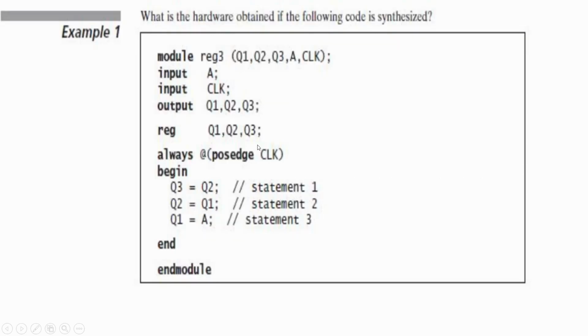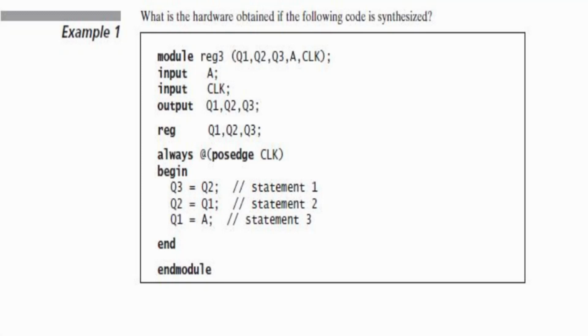Similarly in this program, instead of D we are declaring A as input, the clock is another input, and the outputs are Q1, Q2, Q3. We are also declaring them as registers because they need to store only 1 bit, either 0 or 1.